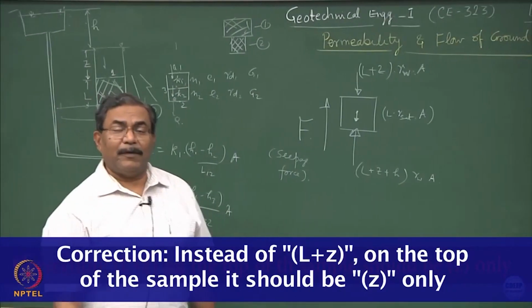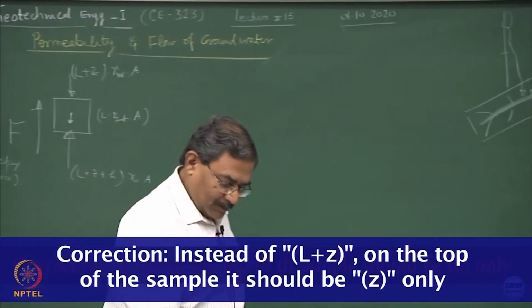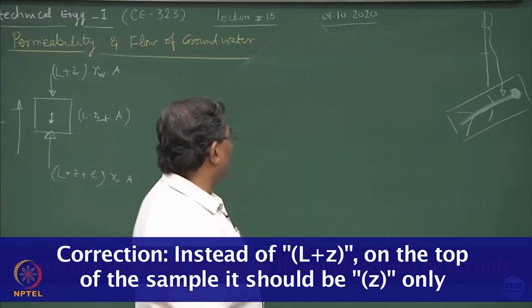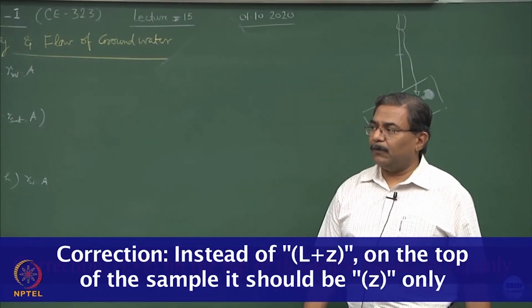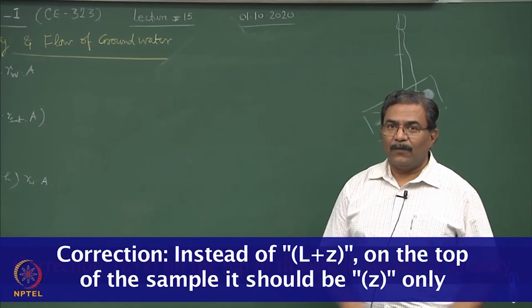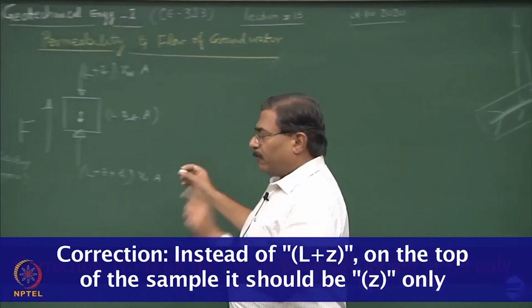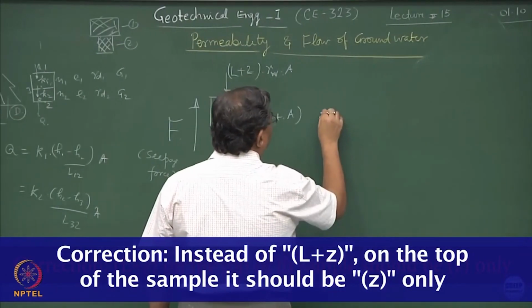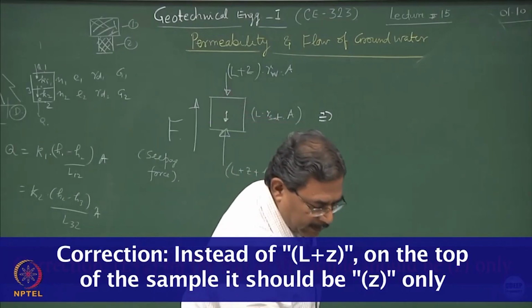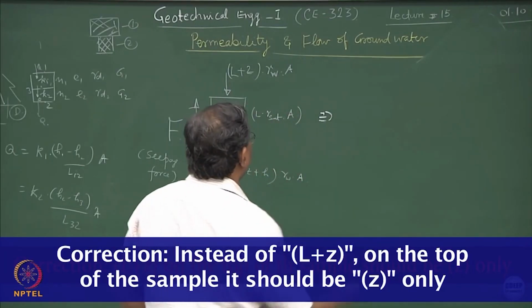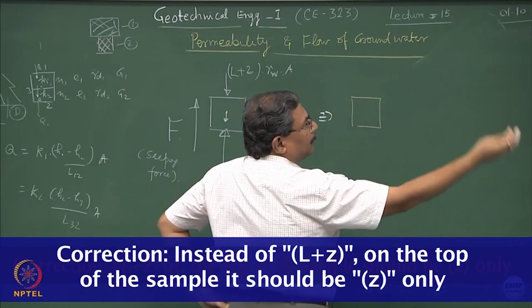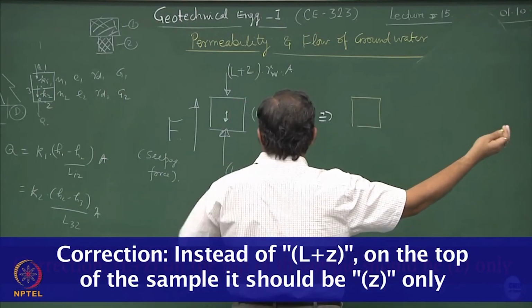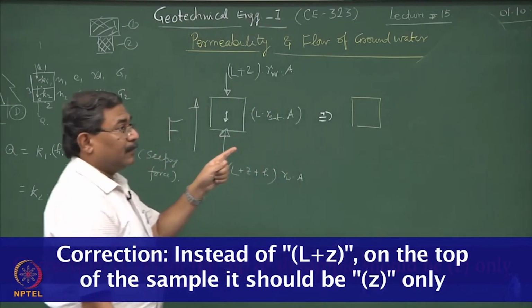Now, that video clipping was regarding what? Quicksand. So, we are going to create the quicksand condition. How? A little bit more understanding for all of you, let us put it in components. Let us filter out the seepage force in the form of hydraulic gradient.